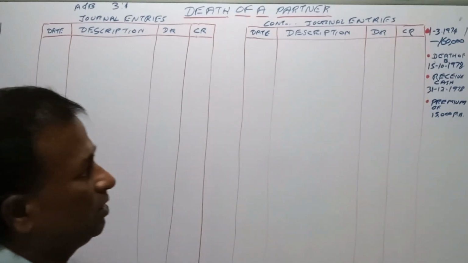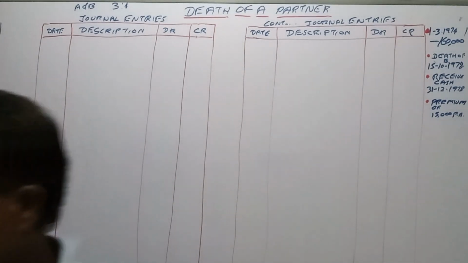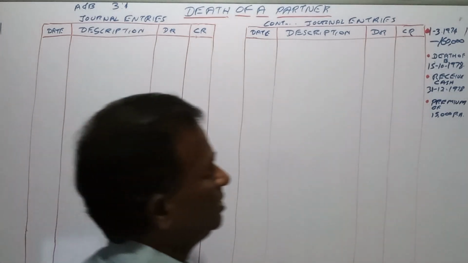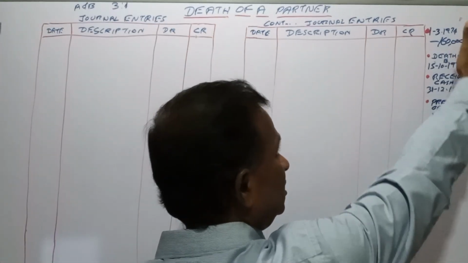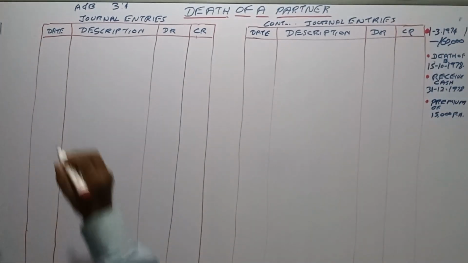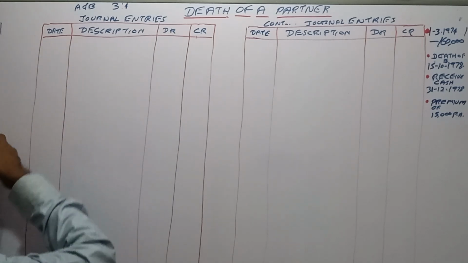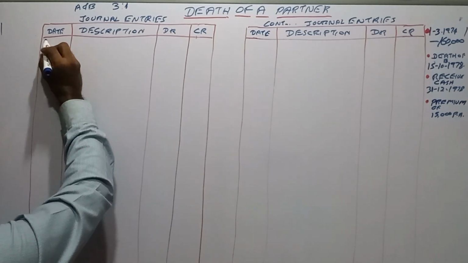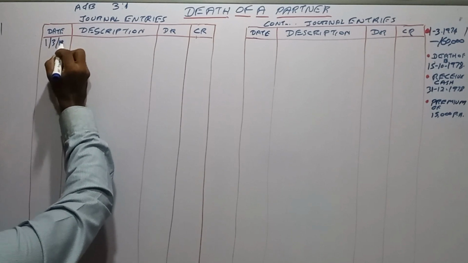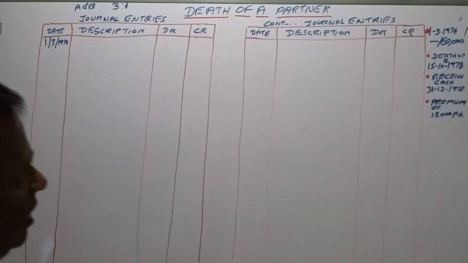They had to pay the premium. So pass the necessary journal entries. They wanted us to pass the journal entries from 1st March 1974. What is the entry you will pass?